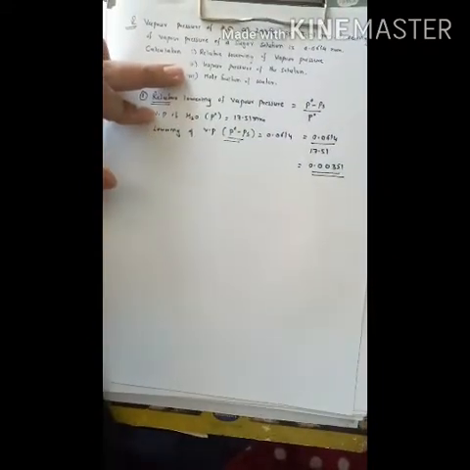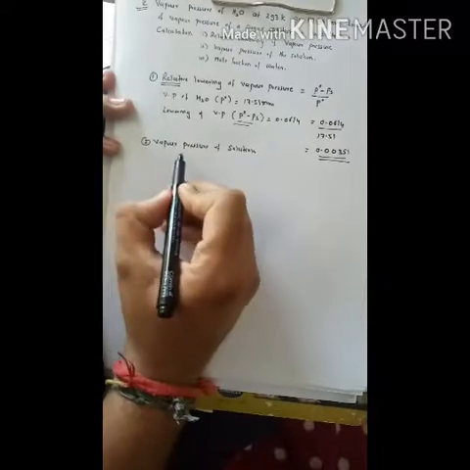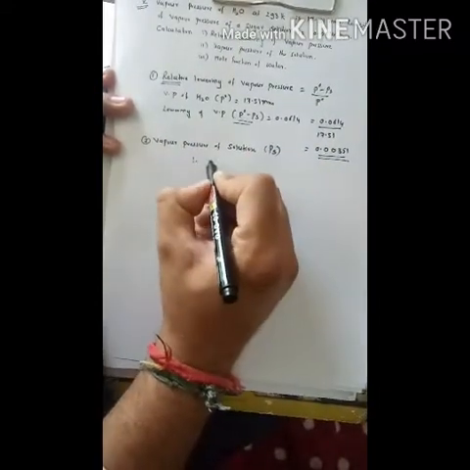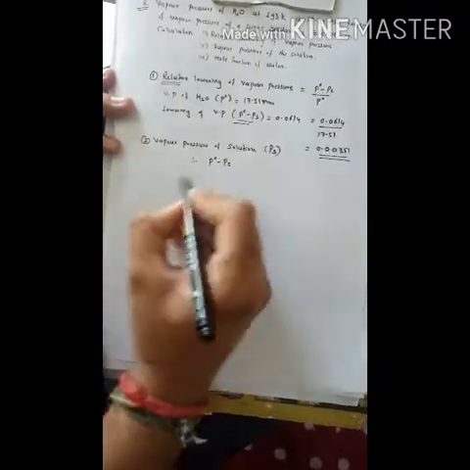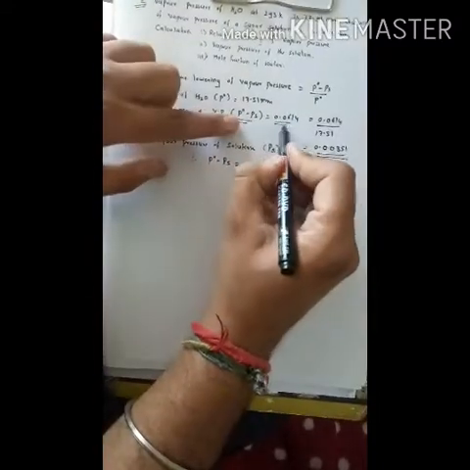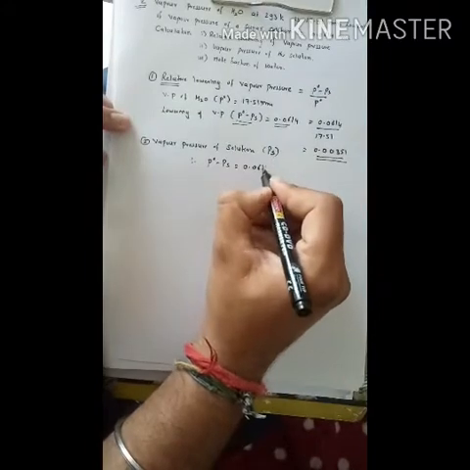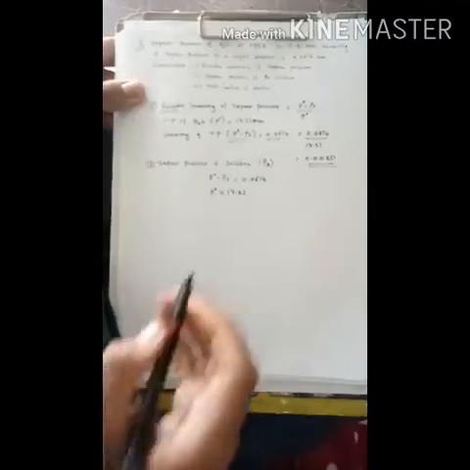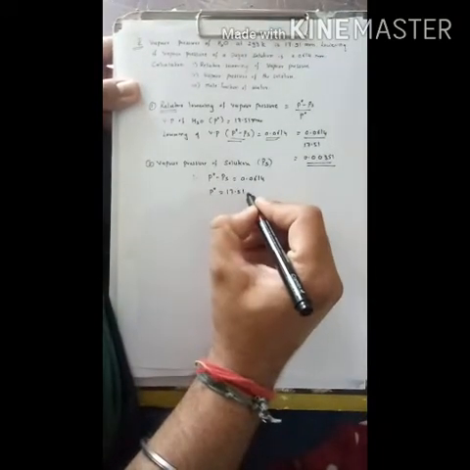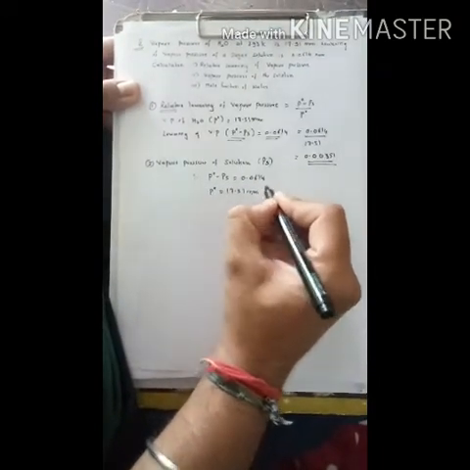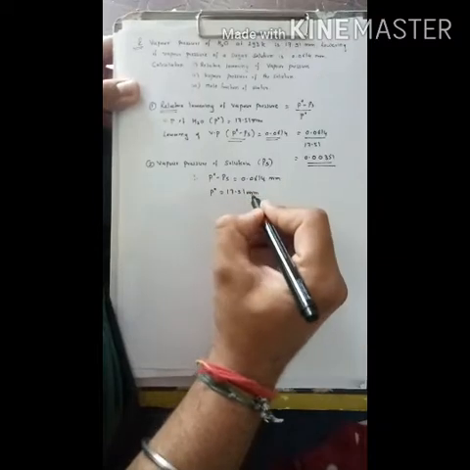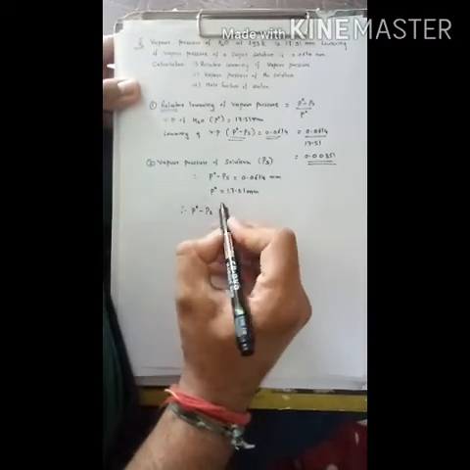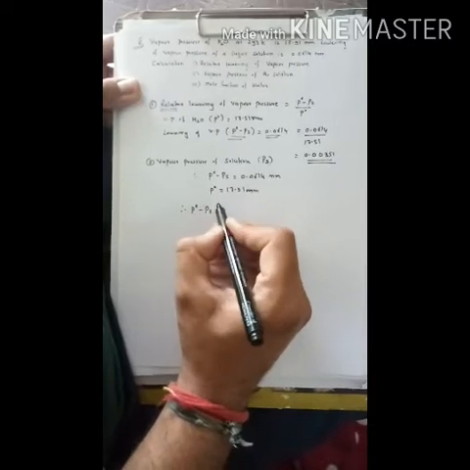Now moving ahead to the next, the vapor pressure of the solution. As given, the vapor pressure of the solution is denoted by Ps. Therefore, from the equation, P naught minus Ps is equal to 0.0614, correct? And P naught is given as 17.51 mm. So replace the values over here.